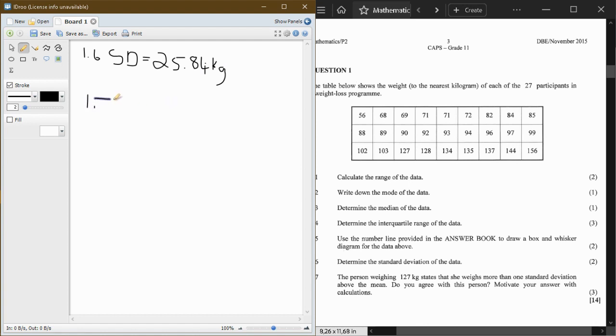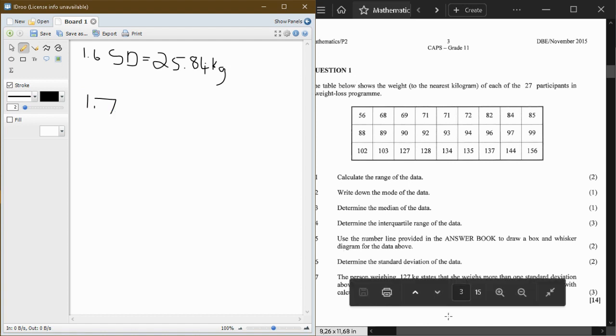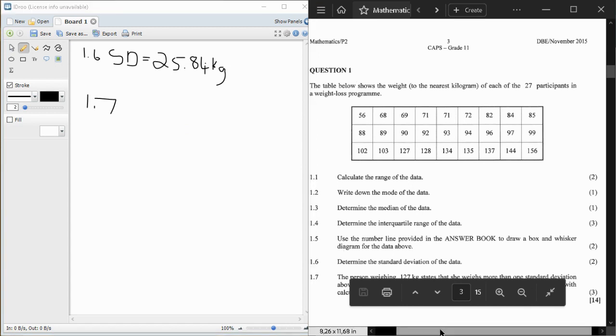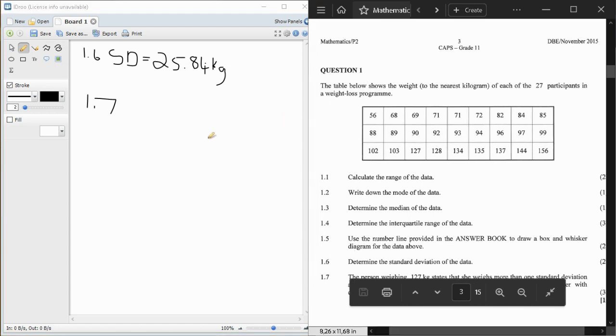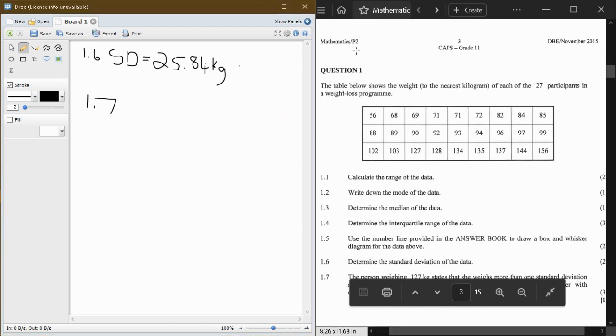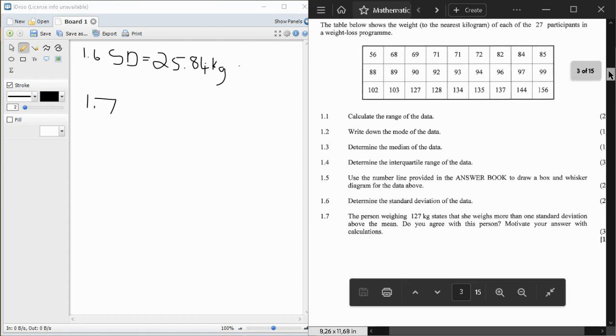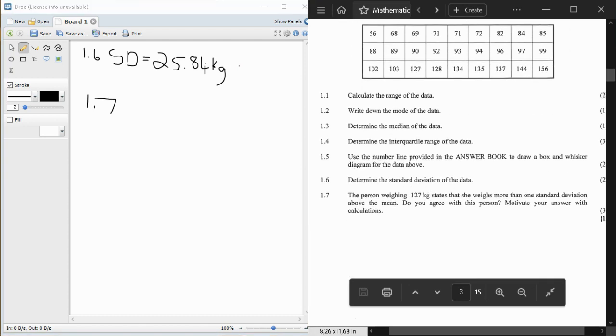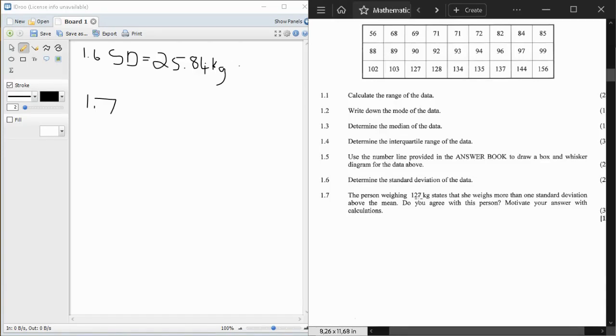Now, 1.7. The person weighing 127 kilograms states that she weighs more than 1 standard deviation above the mean.